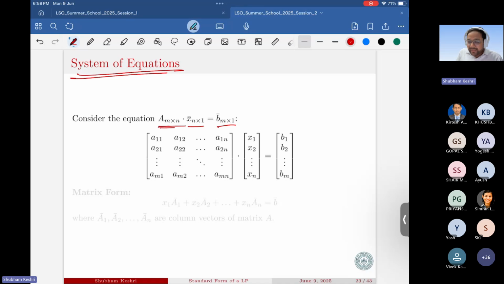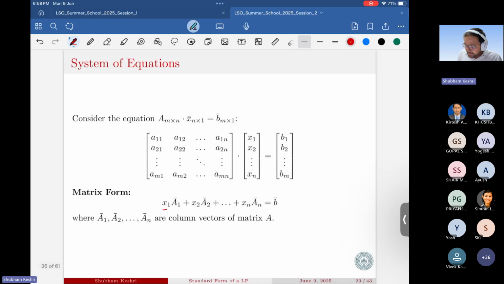Now you see, A is a matrix where we can write a11, a12, and so on up to amn. Instead of writing like this, you can write it in a different way: x1 times a1 plus x2 times a2 and so on, plus xn times an is equal to b. Is it clear? What we are doing is, from matrix notation, we are converting it into a variable times a vector.